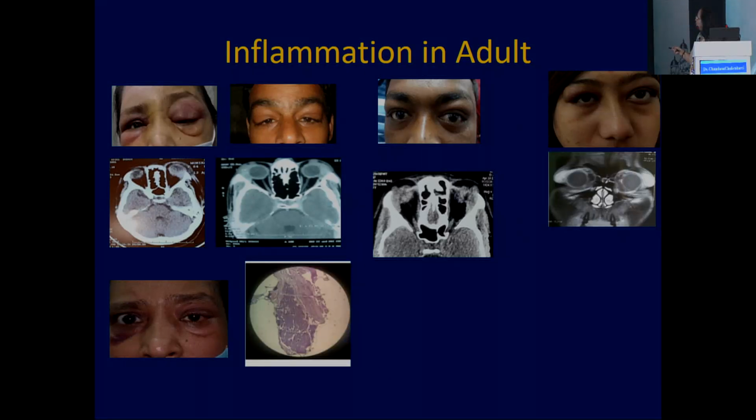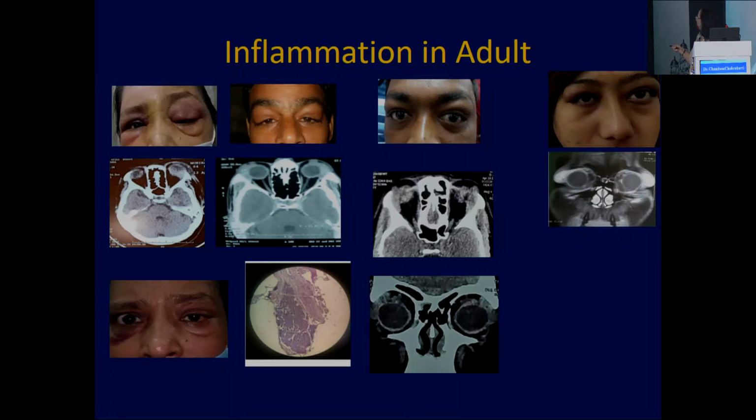This also came to be a case of Sjogren syndrome, but the patient used to come to us almost once a year. Each time we started anti-inflammatory drugs, but in Sjogren syndrome usually we don't like to treat the patient with corticosteroid. We usually try to keep the patient on just symptomatic medications.